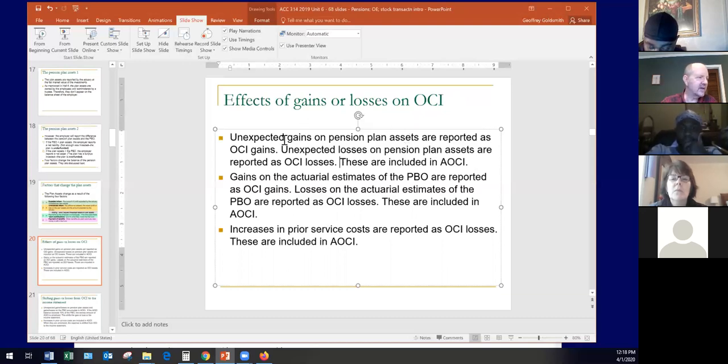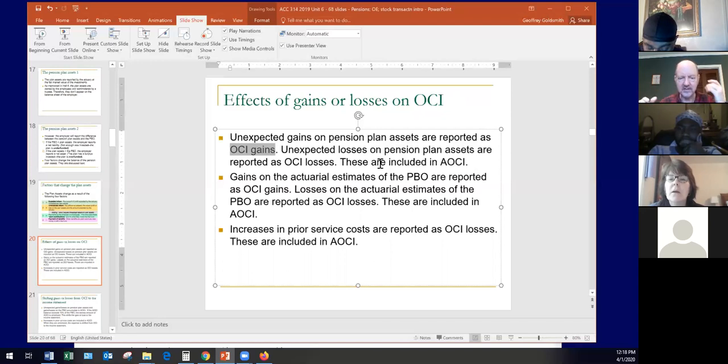Where in the financial statements would you find OCI gains? In the income statement? Nope. The other comprehensive income statement. Well, it's not a statement of other comprehensive income, it's a statement of comprehensive income.